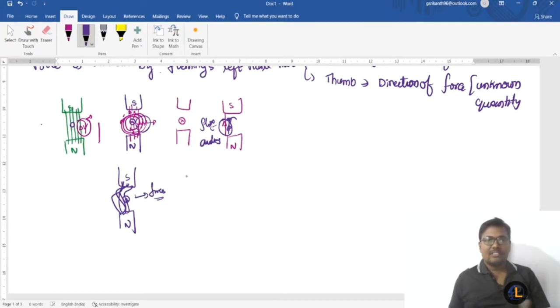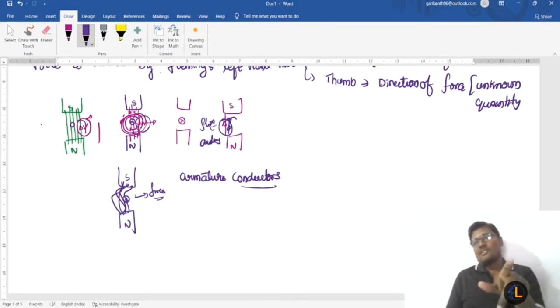Due to this, there is a tendency to rotate the armature conductors. Armature conductors are rotating. So in which direction? By applying Fleming's left hand rule. See, this is the north pole and south pole, and suppose here a conductor is there. The flux lines are coming from north pole to south pole, and the current is into the conductor.